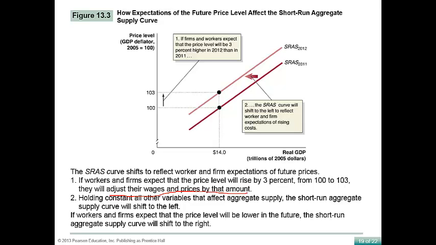Why will the supply curve shift to the left if a company is increasing its price to match its increase in cost? Well, as the price level goes up, the cost of inputs goes up, and even though they're passing that on to their customers, an increase in the price of inputs will always shift the aggregate supply curve to the left.